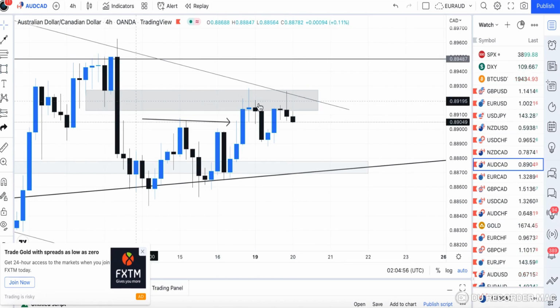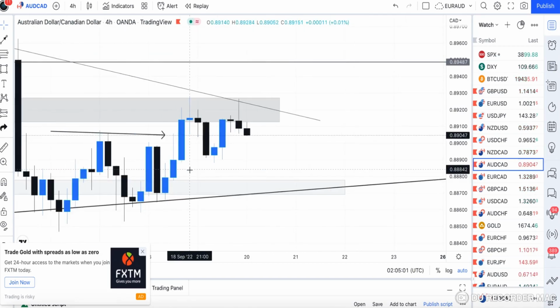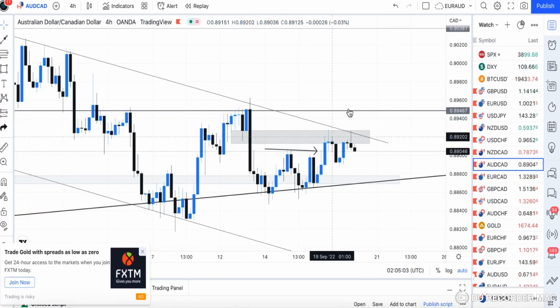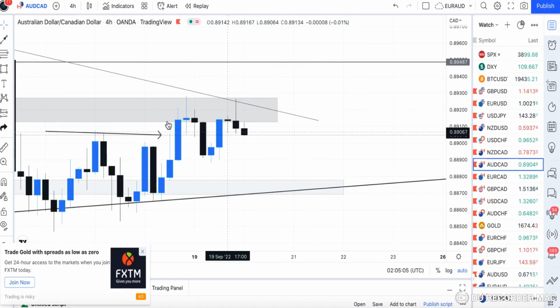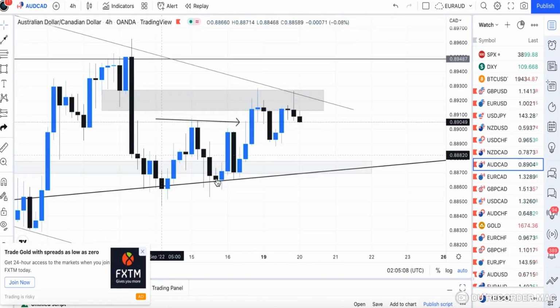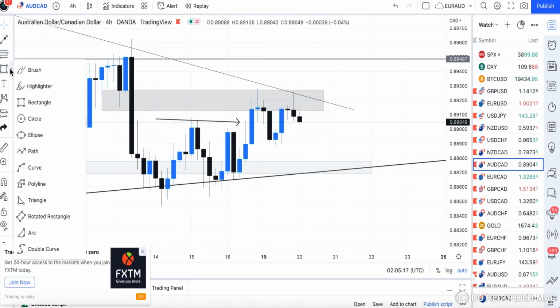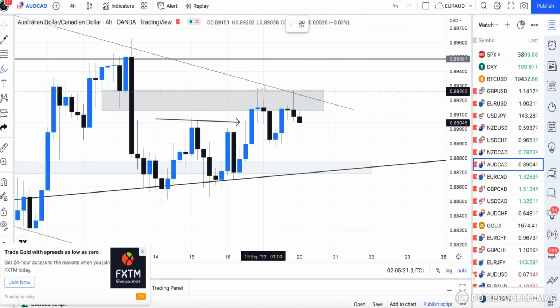We have a supply level at this area that is being rejected. As you can see, this is a live analysis. So we have a structure that breaks here, then we have a respect of this supply level. Another thing you could see here is the formation of a double top on the 4-hour time frame. That is another confirmation.